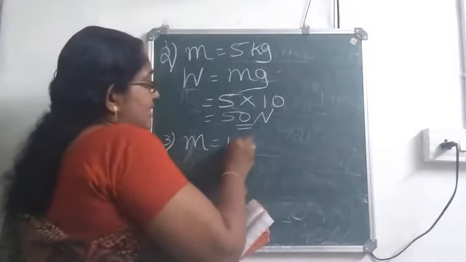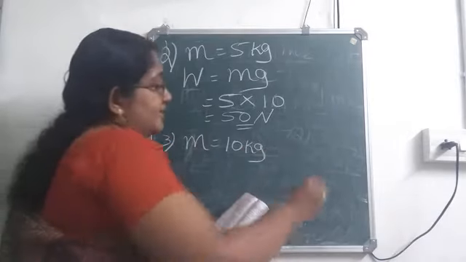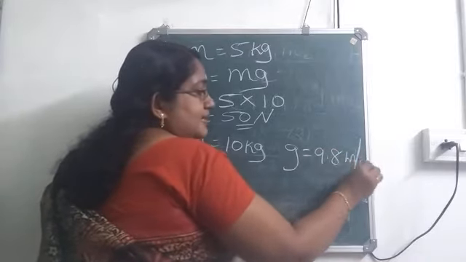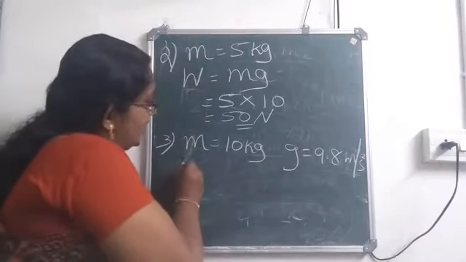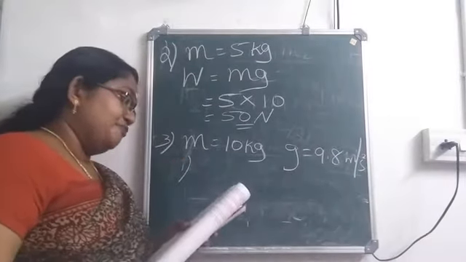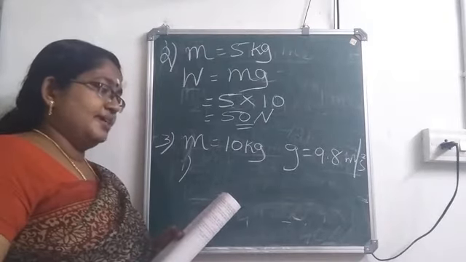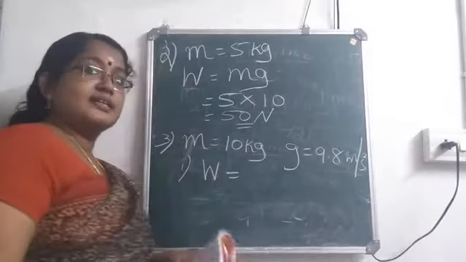Then we have the value of g as 9.8 meter per second square. Then we have to calculate the weight in kgf as well as Newton. So, what is the answer?